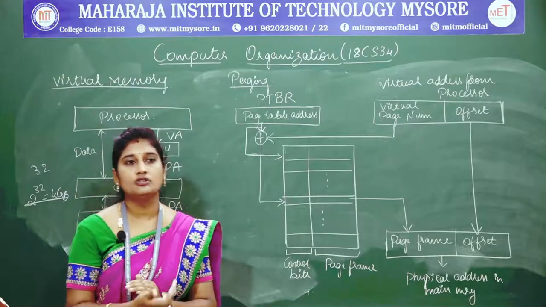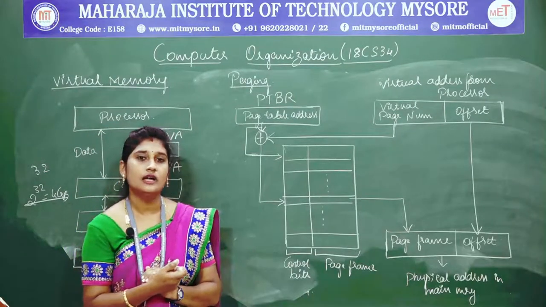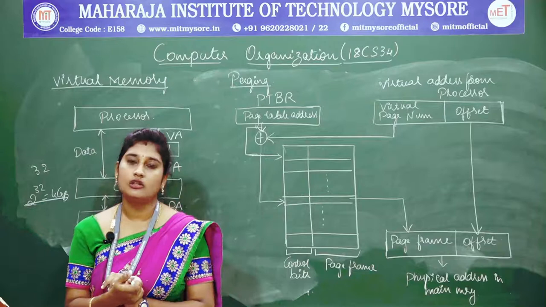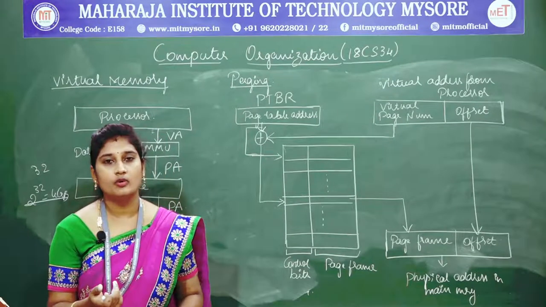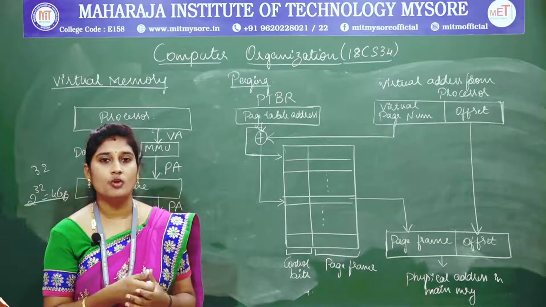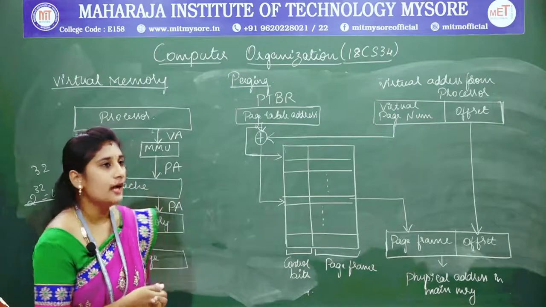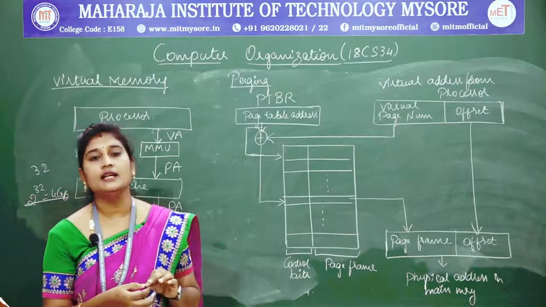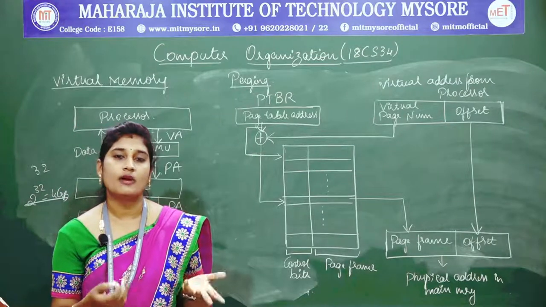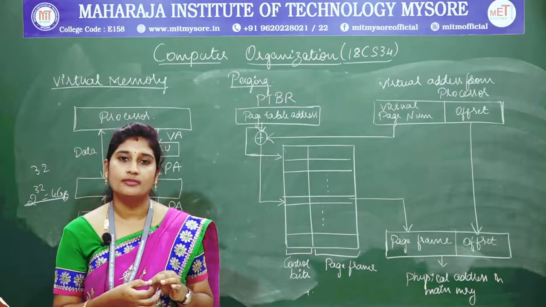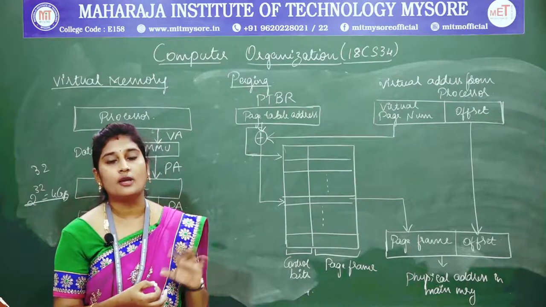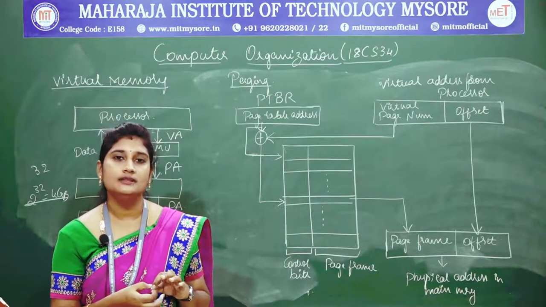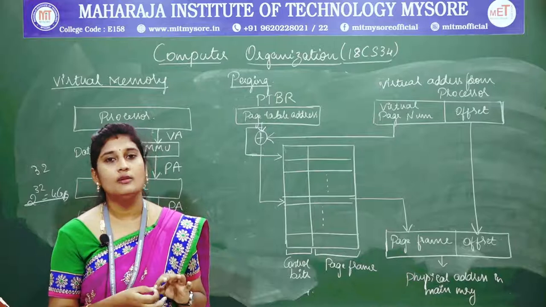You already know that semiconductor memories are volatile and also small. So we moved on to non-volatile memories, the secondary storages, such as magnetic disks or optical disks. This type of memory is considered virtual memory.